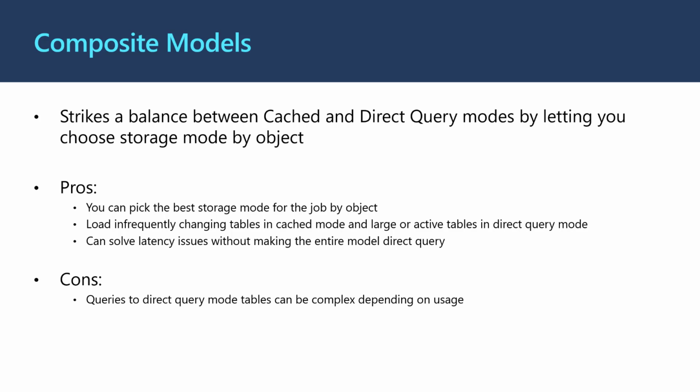For example, if I have a list of thousands and thousands of products, and I said give me a list of aggregated sales based on this list of products that's in cached mode, it will have to do a select query where it does a big IN statement at the end and has to push all those individual keys down in that IN clause in the select statement. So your query statements can get really, really large and complicated, and that can cause some performance issues as well. So that's an important thing to think about.